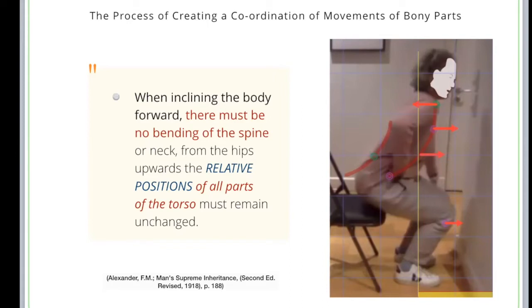So, for example, Alexander says, when inclining the body forward, there must be no bending of the spine or neck from the hips upwards. The relative positions of all parts of the torso must remain unchanged. And I want to insist on that sentence, because there are unsaid ideas.